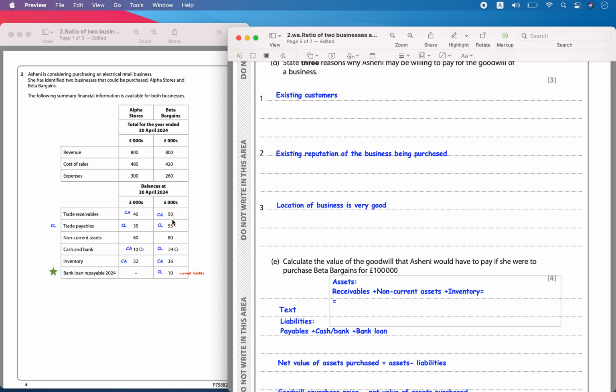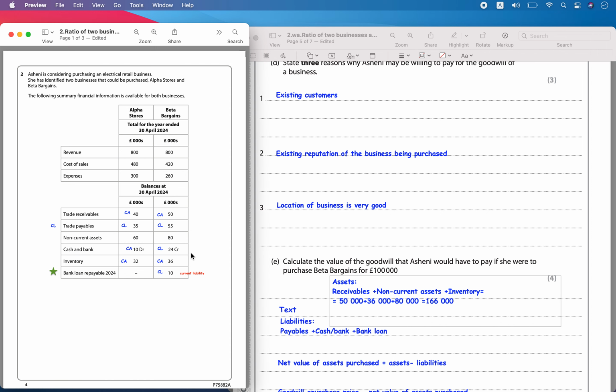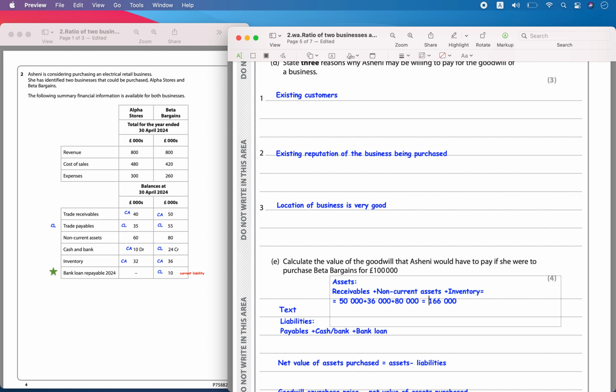Trade receivables are 50,000, plus the inventory, which is 36,000, and then the non-current assets, which are 80,000. When you add all this up, you will get 166,000 pounds.